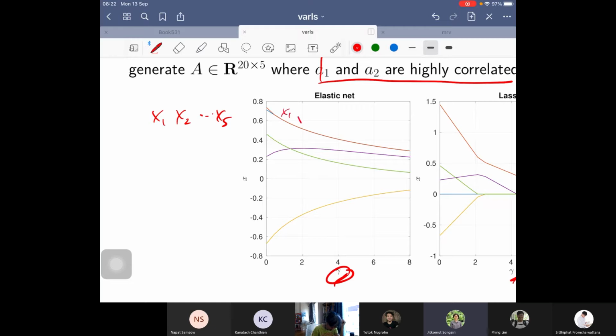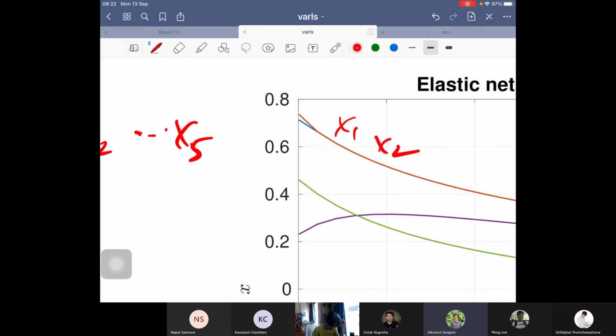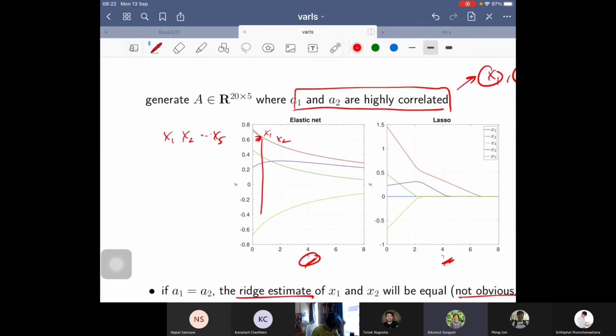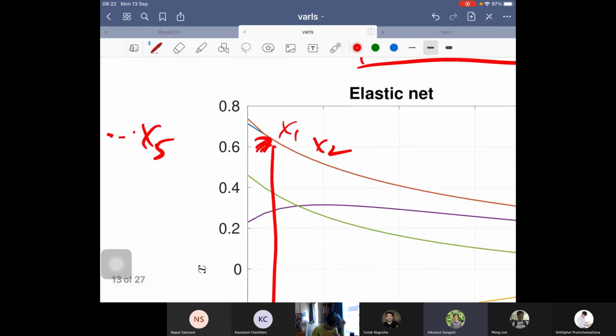This is X1 and X2. It is a little bit hard to see, but as gamma increases to this point, with the elastic net that brings the features of ridge regression and the lasso, you see that X1 and X2 tend to be equal at a certain value of gamma.